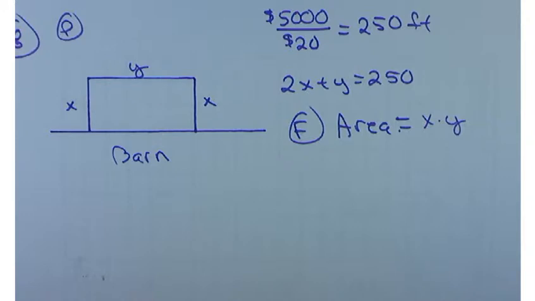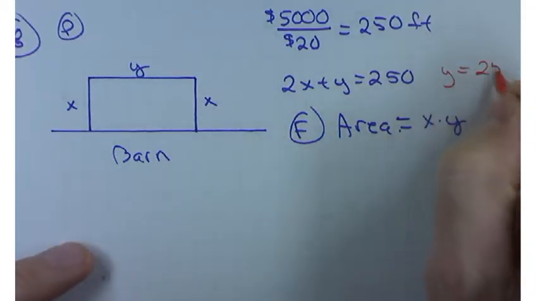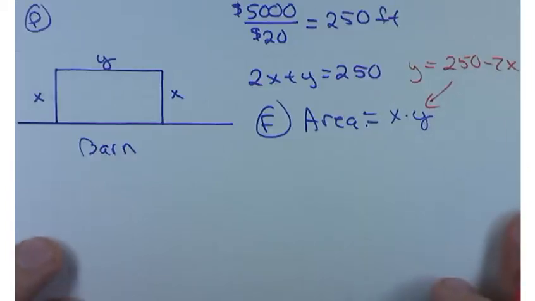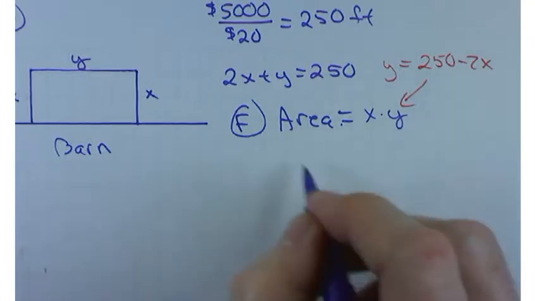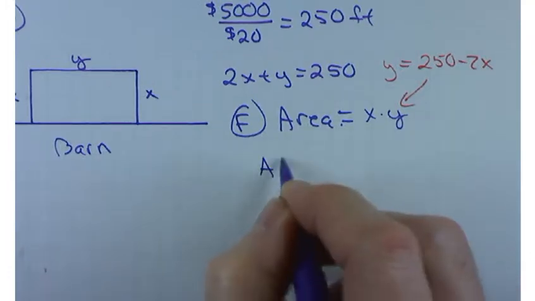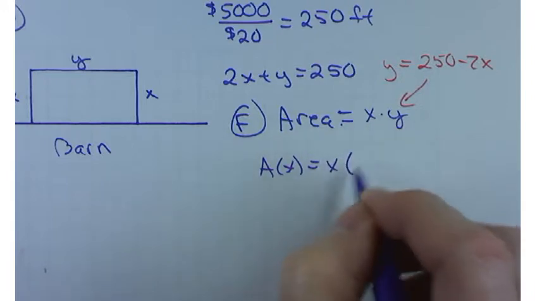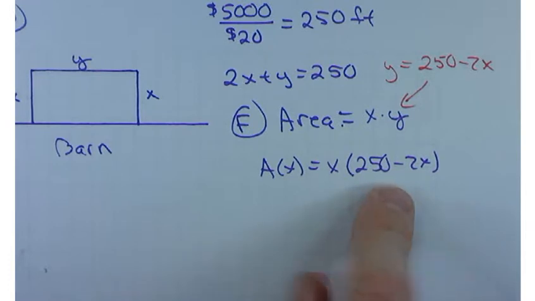From our little equation up here, I can say that y equals 250 minus 2x. And I can drop that down into our area formula, which gives me something that depends just on x. A of x is x times 250 minus 2x. Nice. That's our formula.